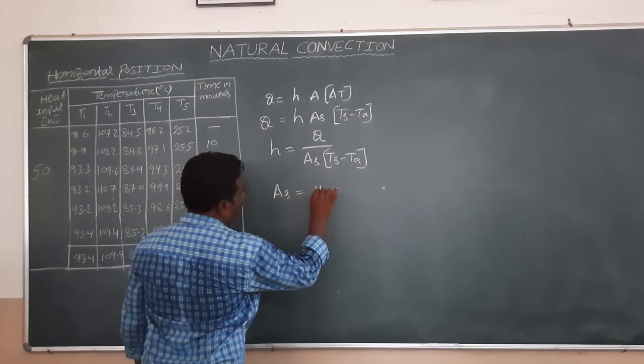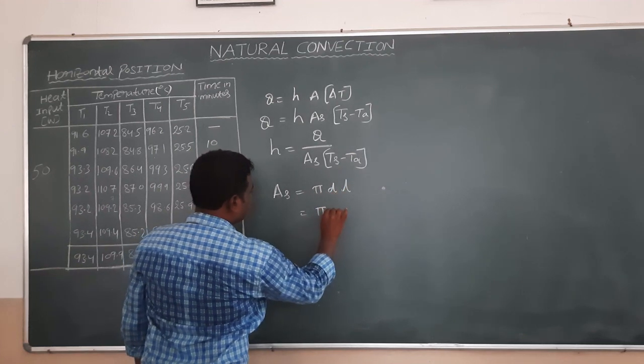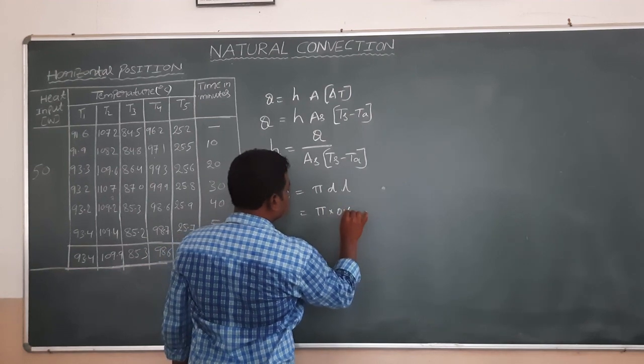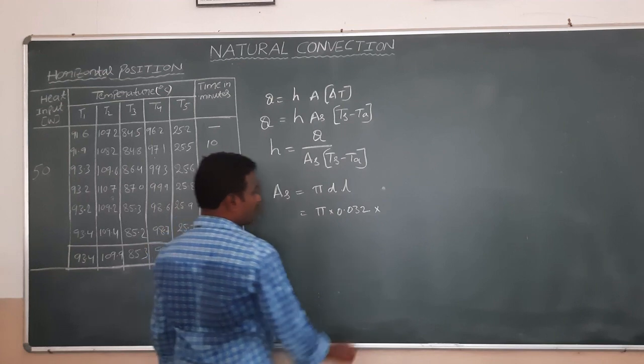Surface area equals pi d L. Pi into the diameter of the rod, which is 32 mm. Convert this into meters, 0.032 meters, and the length of the rod is 450 mm.